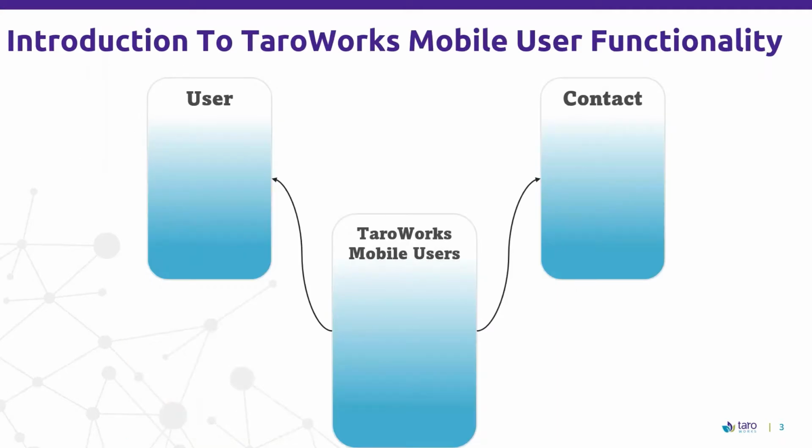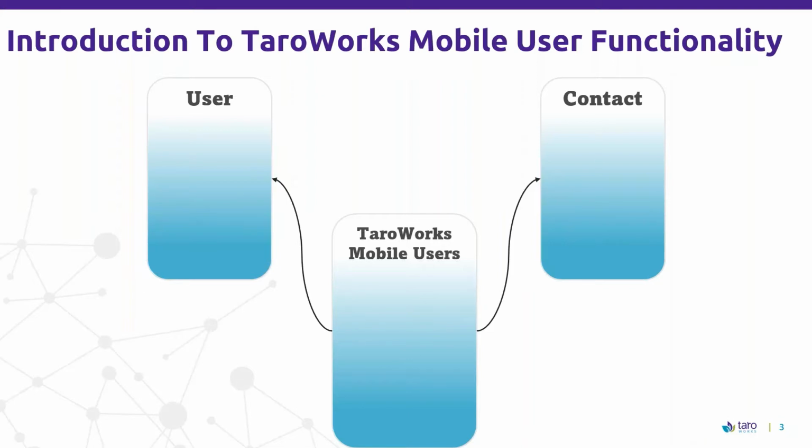As a TaroWorks administrator, creating new users and ensuring they have access to the data they need to do their job is a critical part of the role. Creating your mobile users was streamlined in the TaroWorks 6.2 release, increasing your efficiency as a TaroWorks admin. With the TaroWorks mobile user tab, you can now create a mobile user from one place using one screen, and this greatly reduces the number of steps required prior to TaroWorks 6.2.